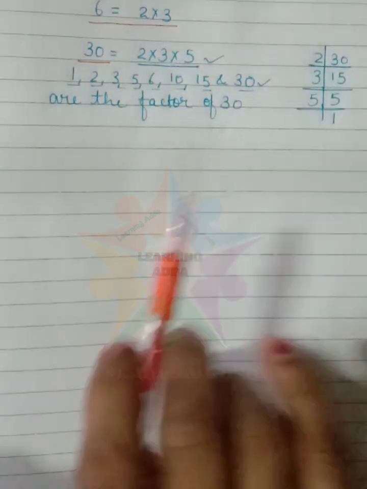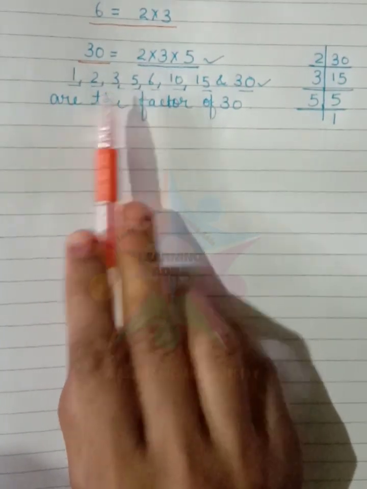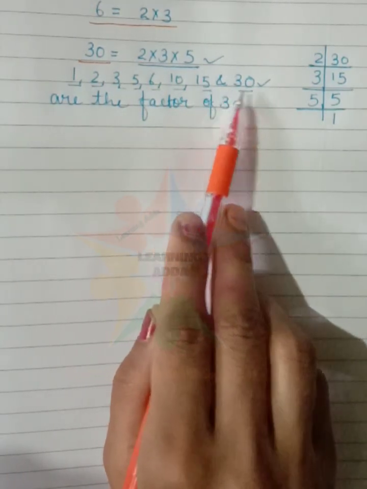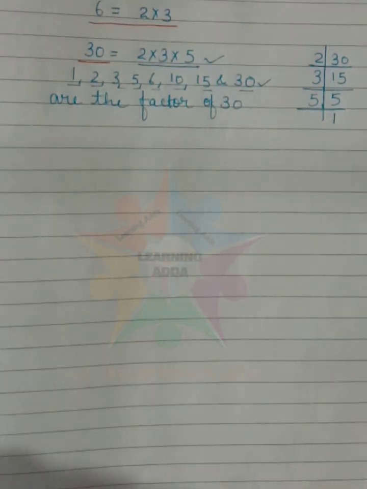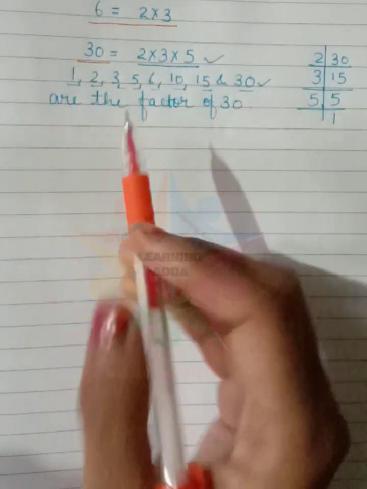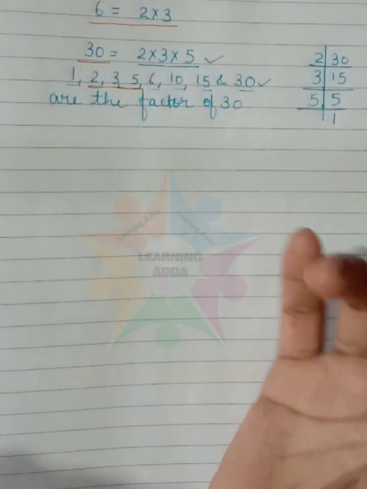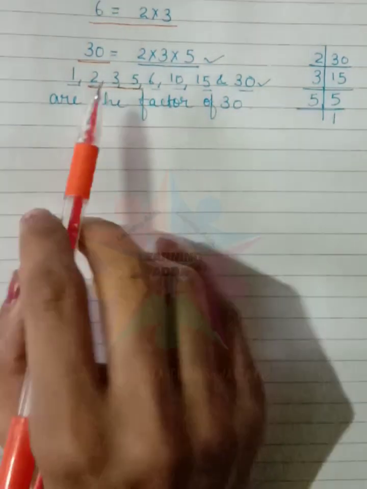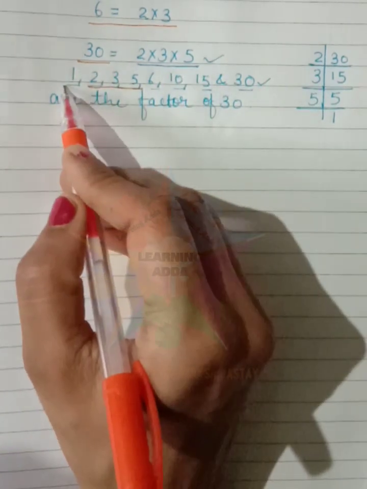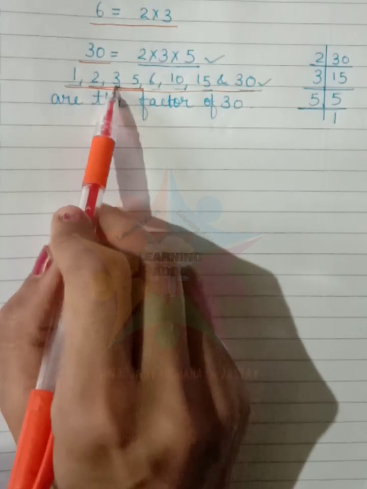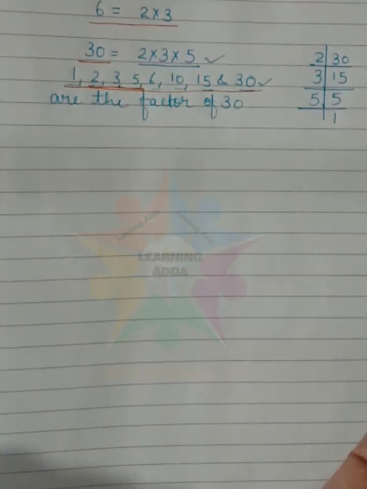But 1, 2, 3, 5, 6, 10, 15 and 30 are the factors of 30, and of those, 2, 3 and 5 are the prime factors of 30.